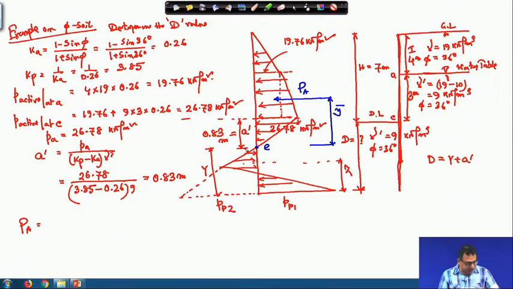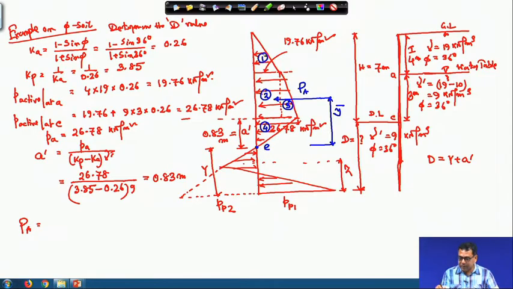So, now P A I will calculate. In P A I am taking different segments. This one I am taking first segment, this rectangle second segment, this triangle third segment, and again this triangle below the dredge level fourth segment. Okay.